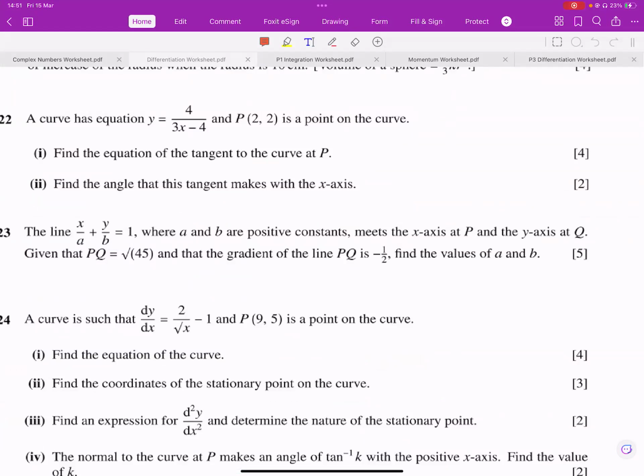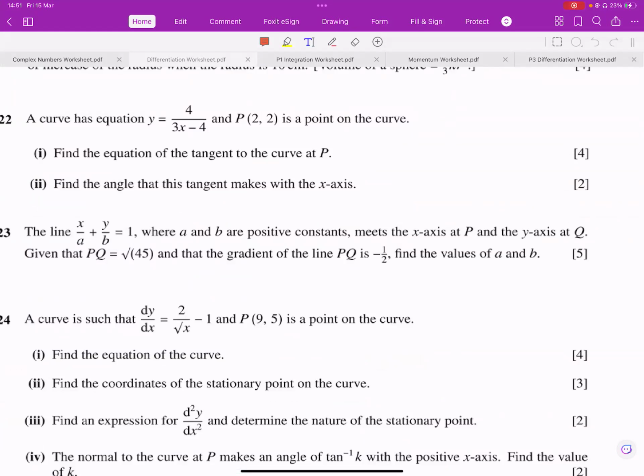We know the coordinates of B and C now. B is 0 and 1.5. Let me write that here. And C is 2, 0. We need to find the equation of this line now. Let's find the gradient. 0 minus 1.5 divided by 2 minus 0. That will be minus 1.5 over 2. That's minus 3 over 4. The gradient turns out to be minus 3 over 4.